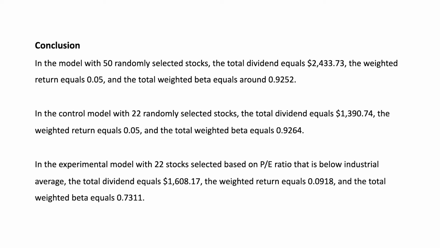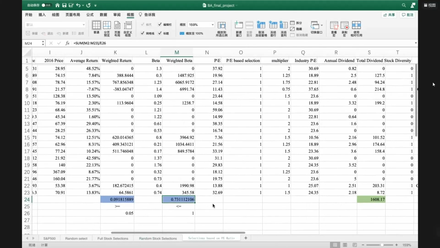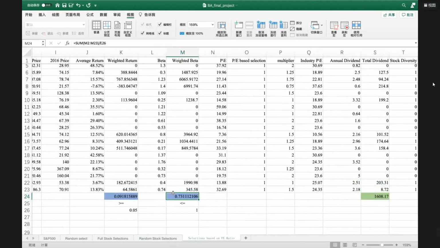The weighted return equals 0.05, and the total weighted beta equals 0.9264. In the experimental model with 22 stocks selected based on PE ratio that is below industrial average, the total dividend equals $1,608. The weighted return equals 0.0918, and the total weighted beta equals 0.7311.